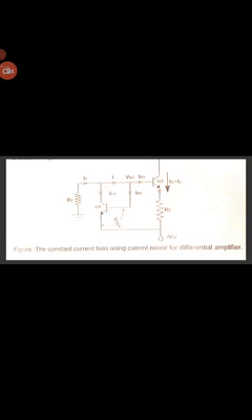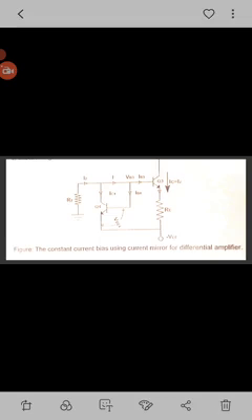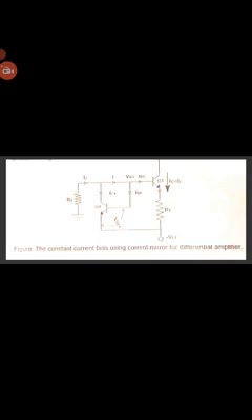The current mirror is a special case of constant current bias, and the current mirror bias can therefore be used to set up current in a differential amplifier stage.